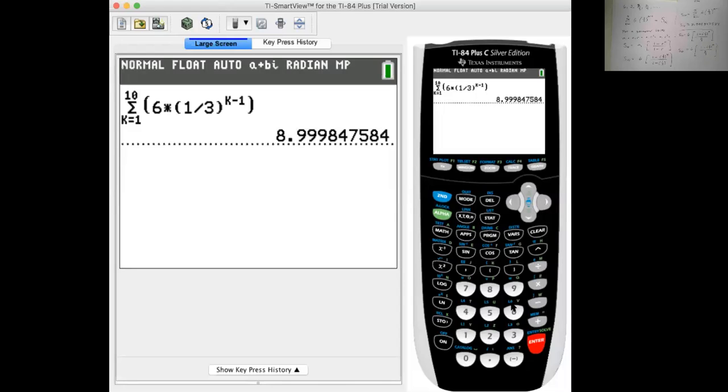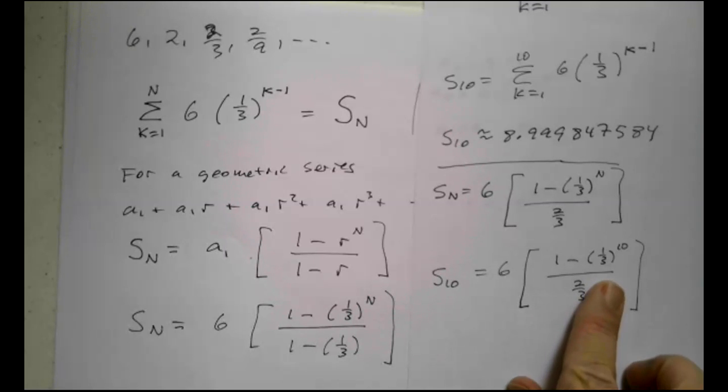So let's go back to the graphing calculator again. I think I'm going to try it this way. 1 minus 1/3 to the 10th. I just want you to see what I'm doing here, and I'll do some more with this. So that was the numerator. Okay, 1 minus 1/3 to the 10th.